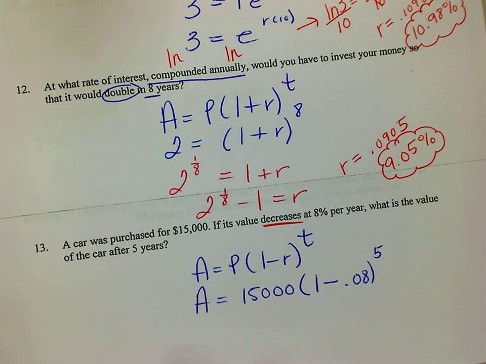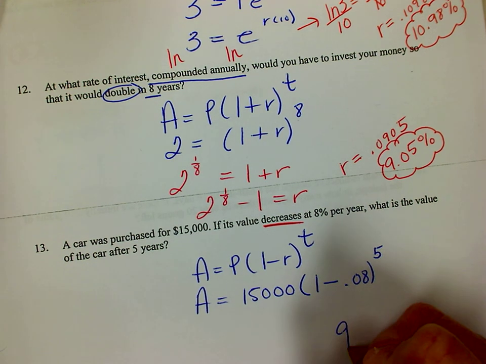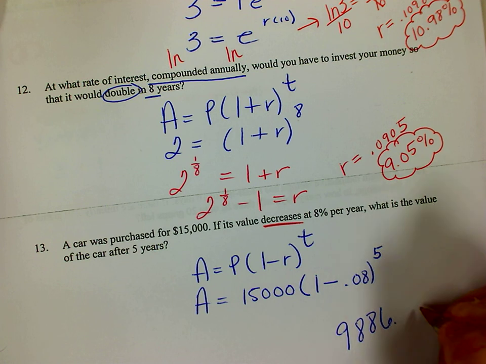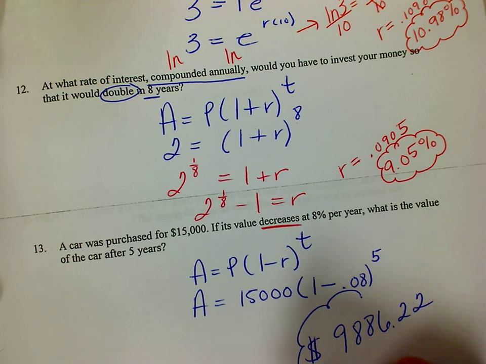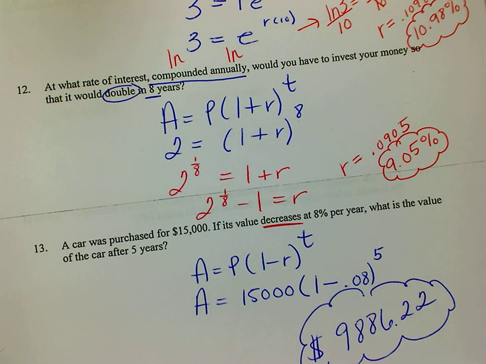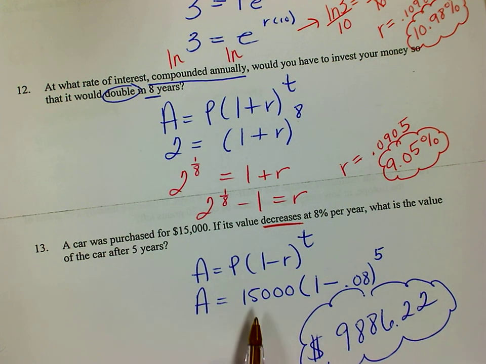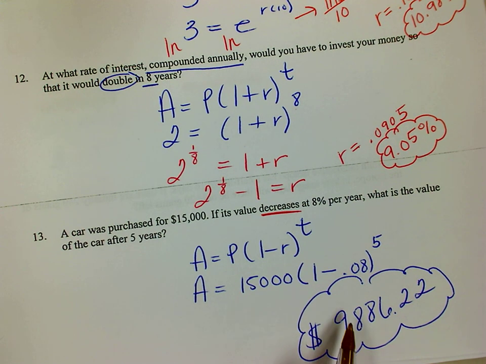The variable is already by itself, so all you have to do is type that right into your calculator as you see it, and you should get $9,886.22. Now this time it's depreciation, so that makes sense that your amount is smaller than what you started with. So this answer does make sense.